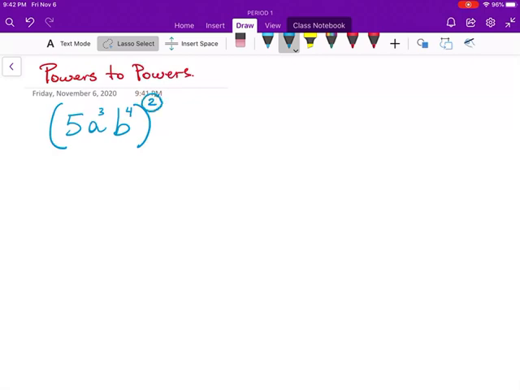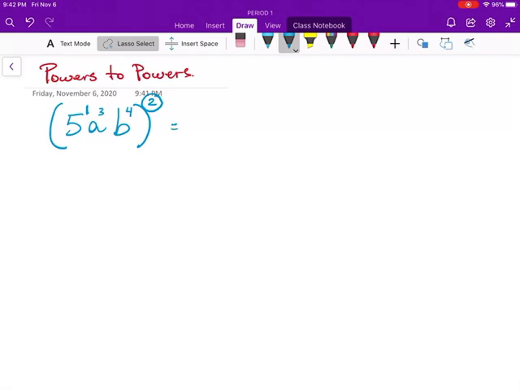Now the tricky part right here is not to forget that variables or coefficients, that means the big numbers that don't have a power, there is an invisible one. So I suggest you write it down. Make sure if the variable or the coefficient doesn't have a power, put the one there.